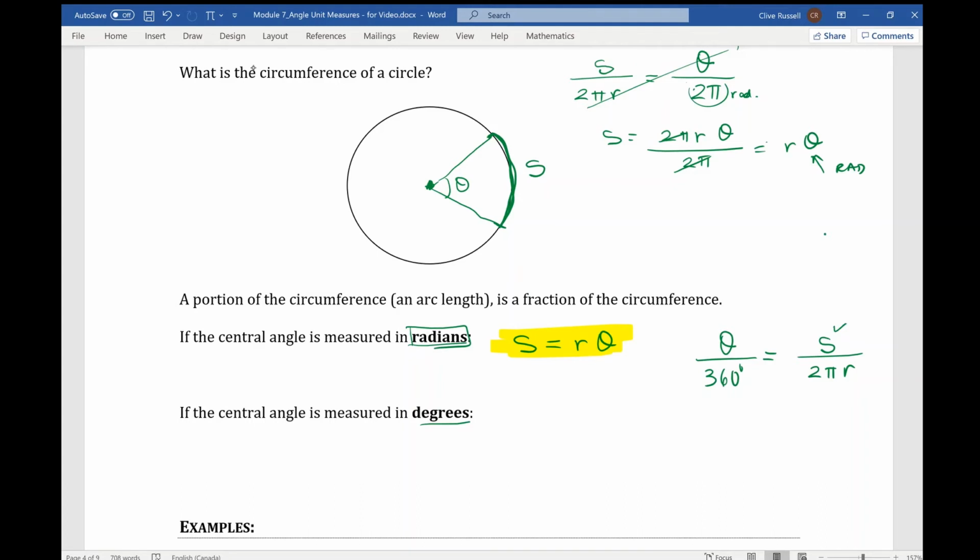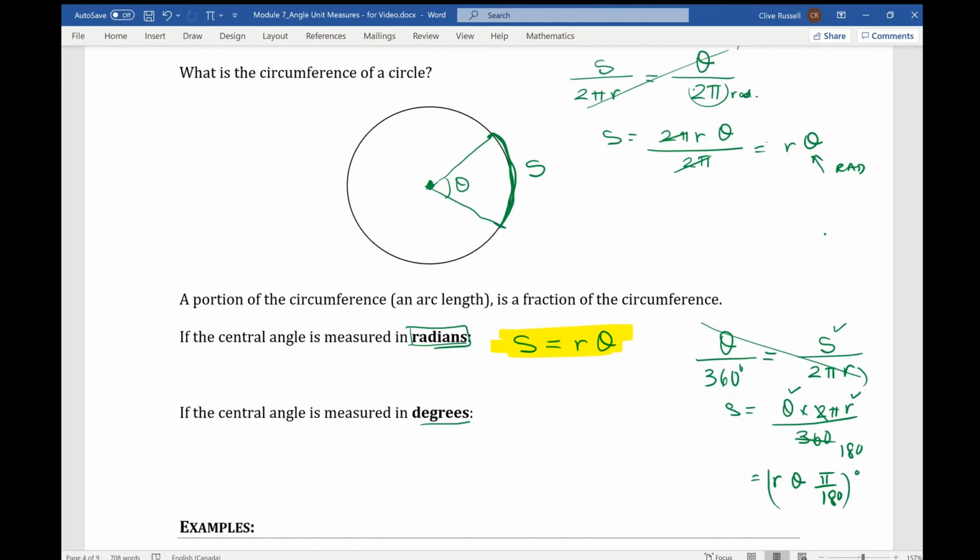So S is going to be theta times 2 pi r divided by 360. Now 2 into 360 gives us 180. So we end up with r times theta, and then again we end up with pi by 180. And that's there in degrees.